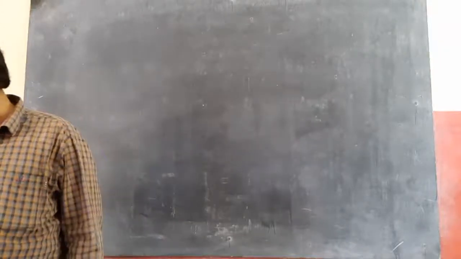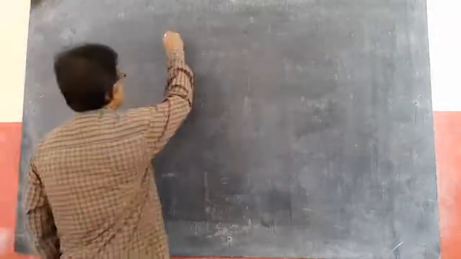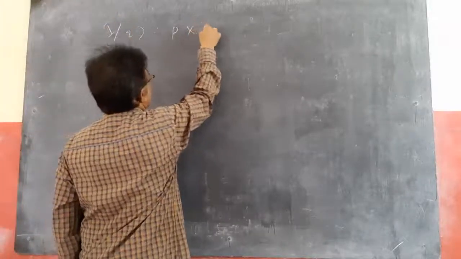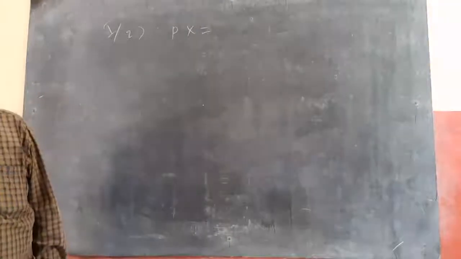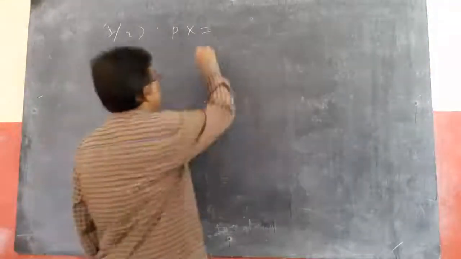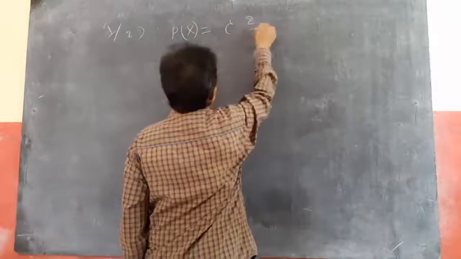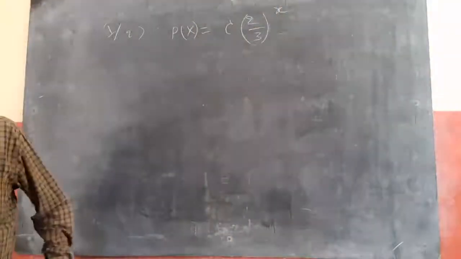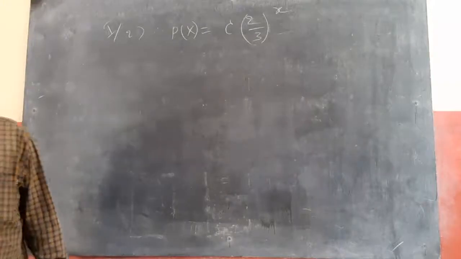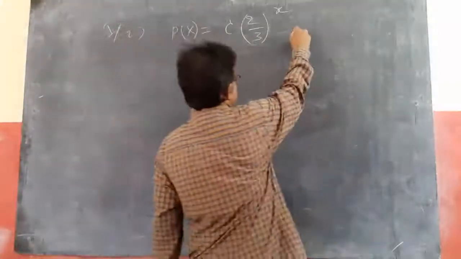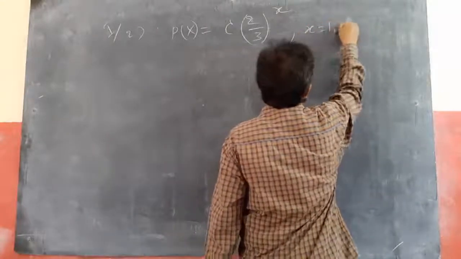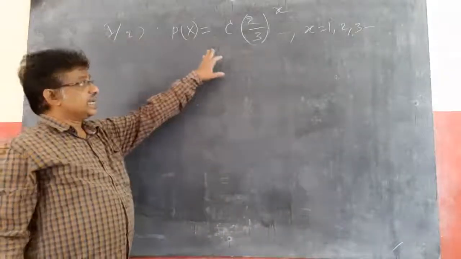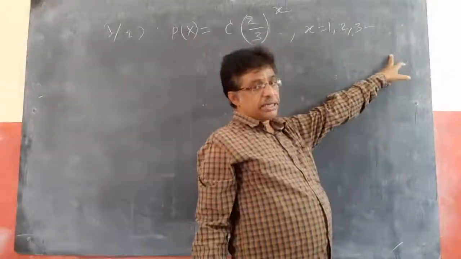Find the constant c so that P of x equal to c into 2 by 3 whole power x, where x is ranging over 1, 2, 3 and so on till infinity.